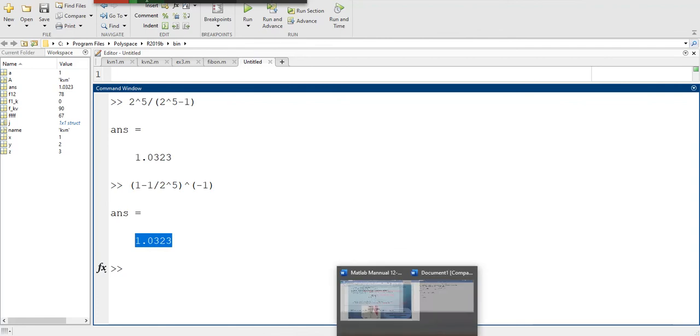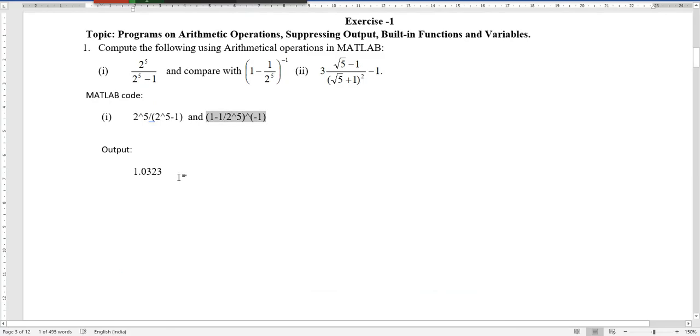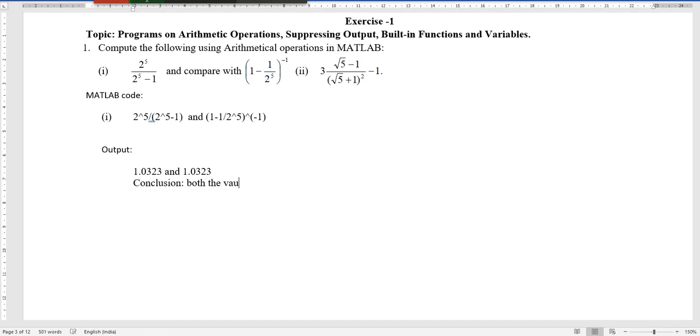So what is your conclusion here? Both are the same. So the conclusion: both the values are equal.